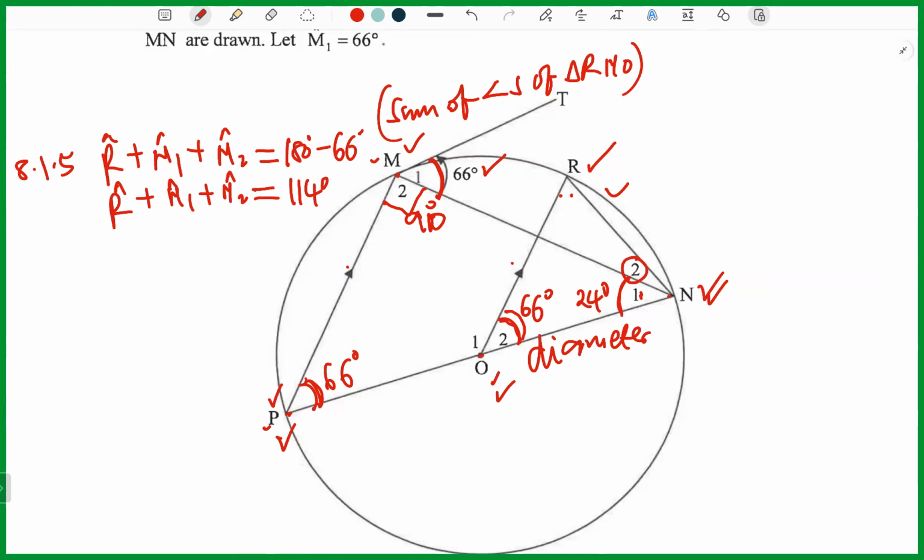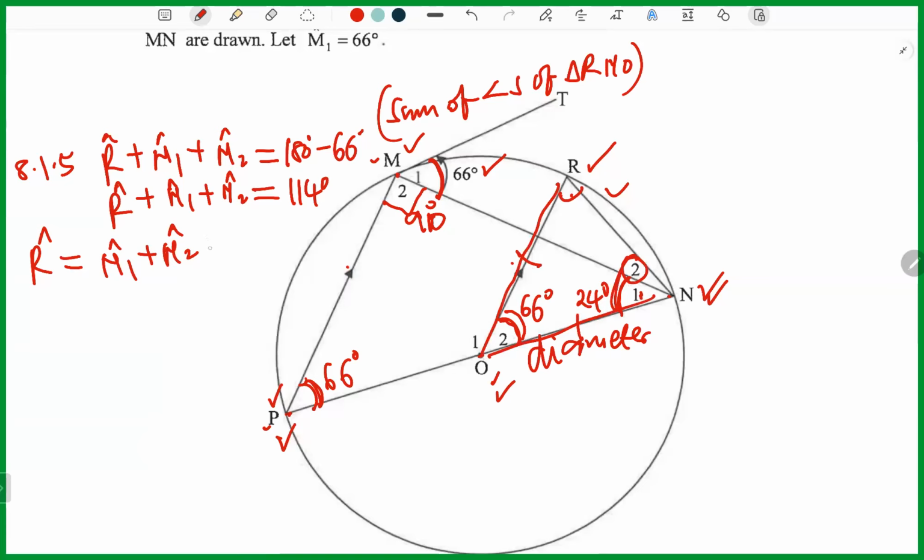Now, angle R is actually equal to N1 and N2, because this equals this, they are radii drawn from the center.